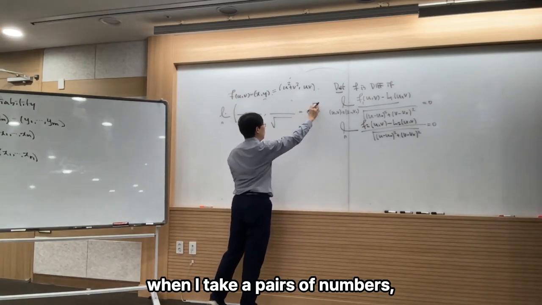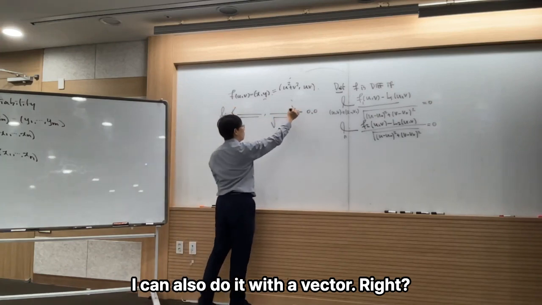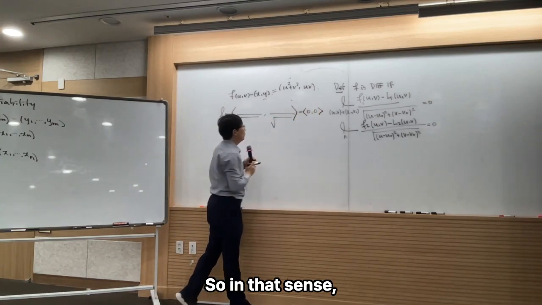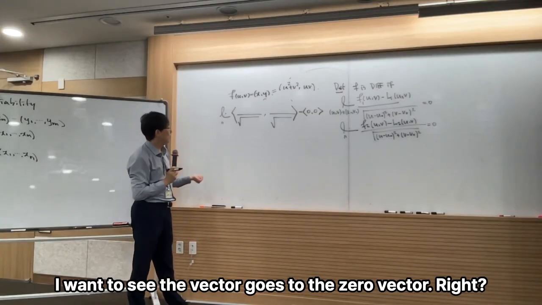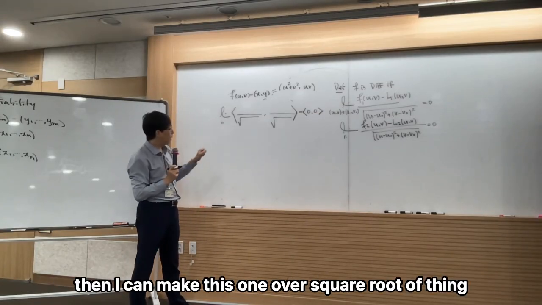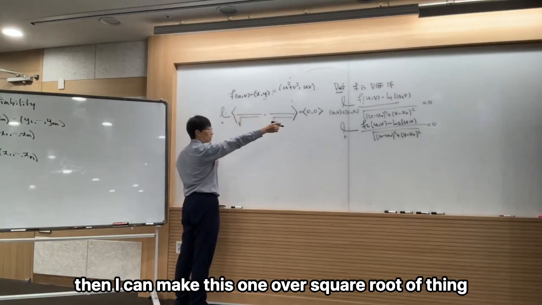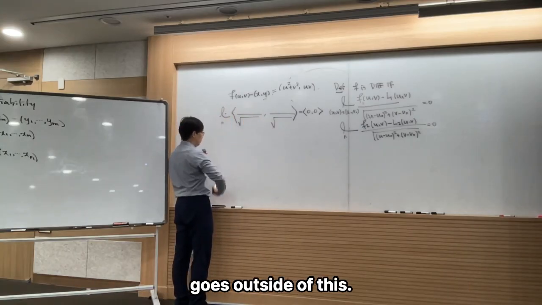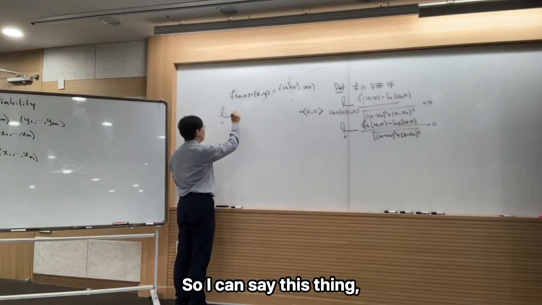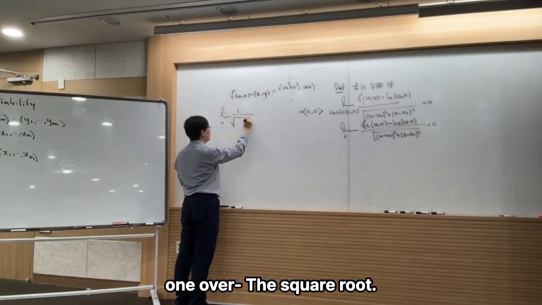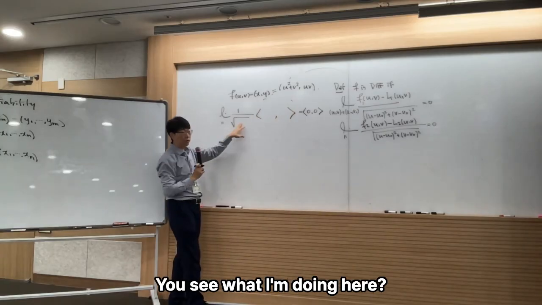When I take a pair of numbers, I can also do it with a vector. So I want to see the vector go to the 0 vector, and then I can make this 1 over the square root of this thing go outside. You see what I'm doing here?